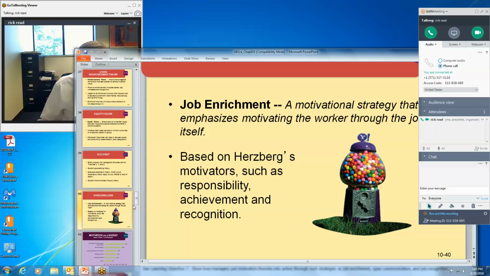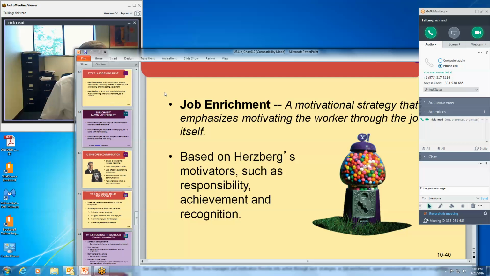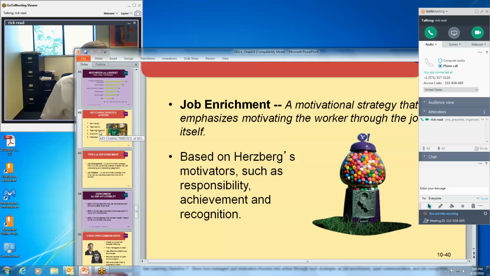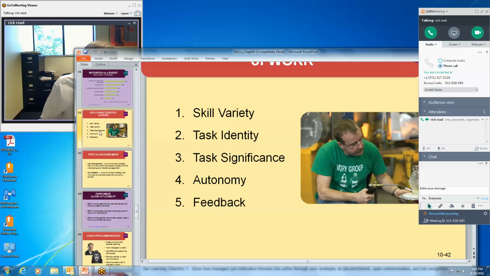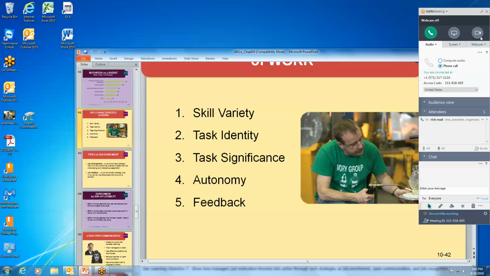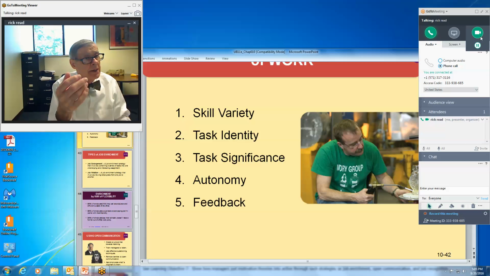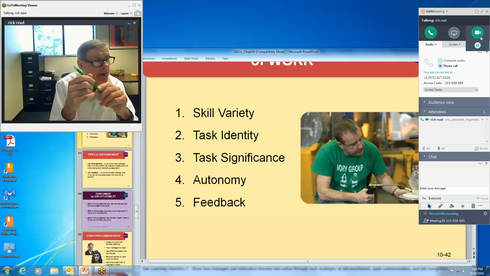We now move to job enrichment, which is another type of motivation. Job enrichment is listed here in your text and has 5 tenets. It talks about variety of the work being done, task identity, its significance, autonomy.